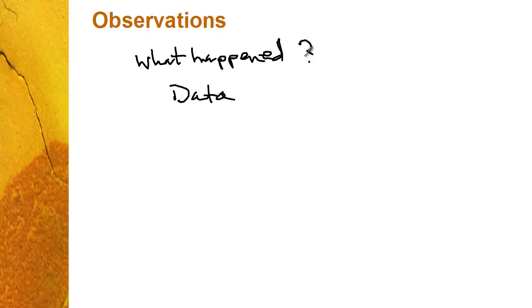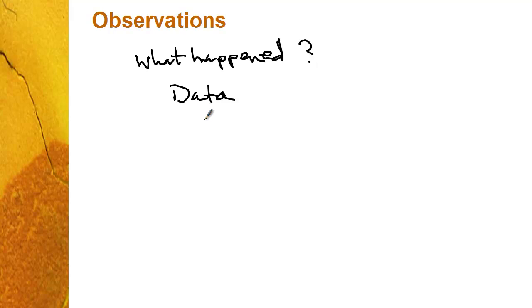The next step here in the scientific method is observations. What happened during the experiment? This is where we record data. Now, a lot of experiments, and we'll get into this a little bit more later, but there's different types of data that we can take.